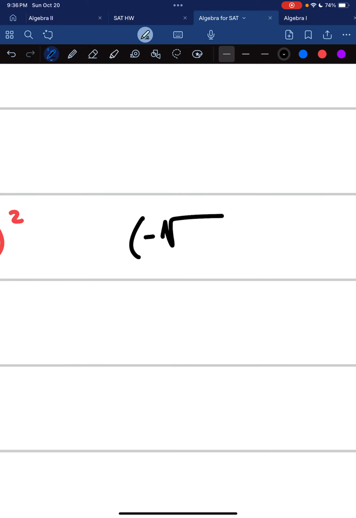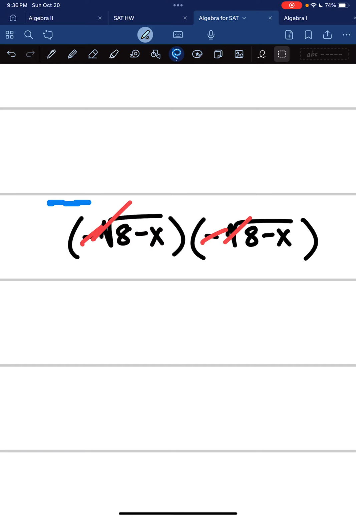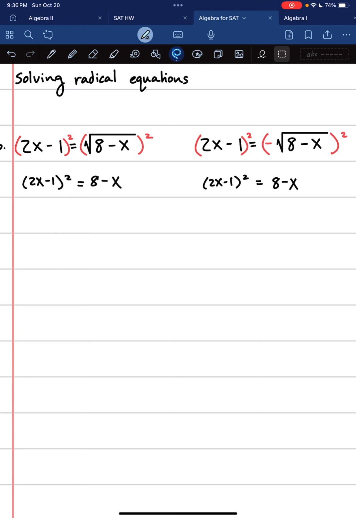So if we do negative root of 8 minus x times negative root of 8 minus x, not only is this going to cancel out the radical on both of them, it's also going to cancel out the negative sign, because negative times negative equals positive. Now we have an issue because we started off with 2 different equations, and now after the first step, when we square both sides, we end up with the same equation, right?